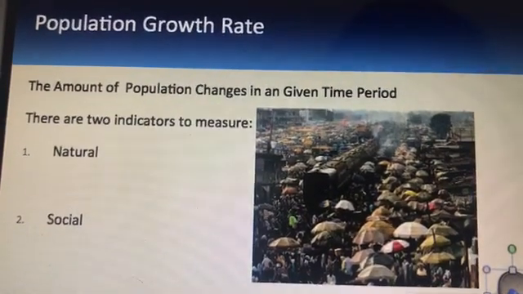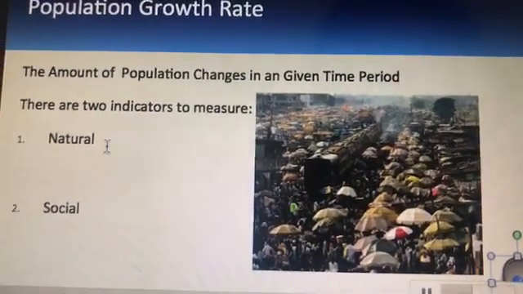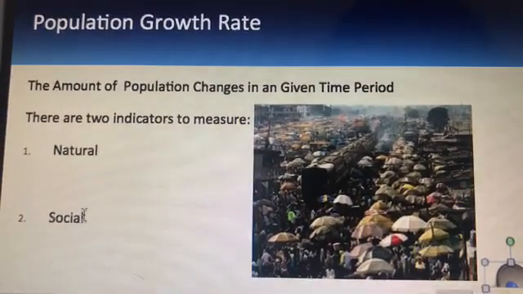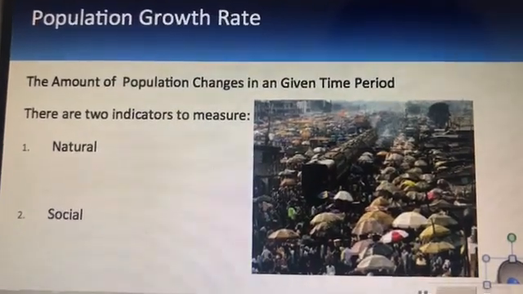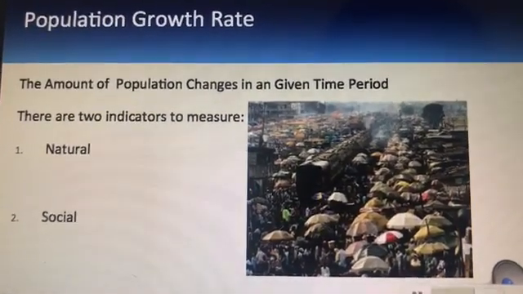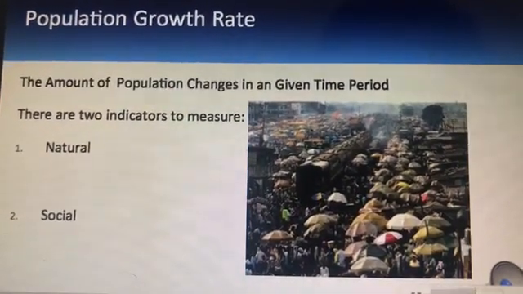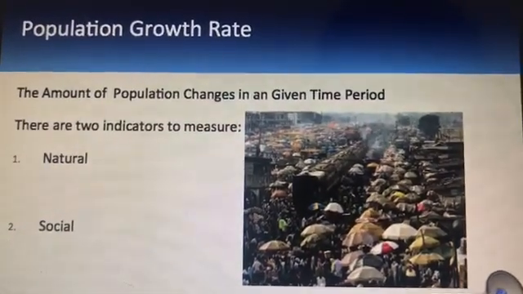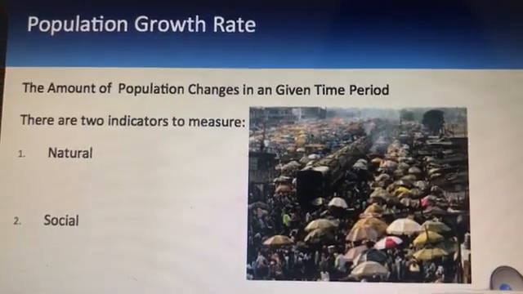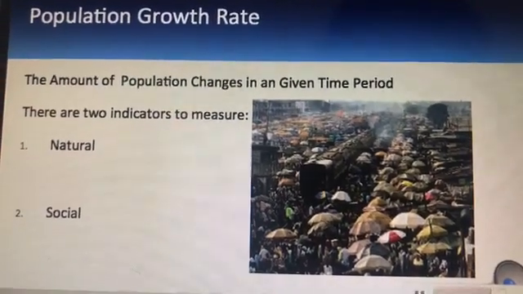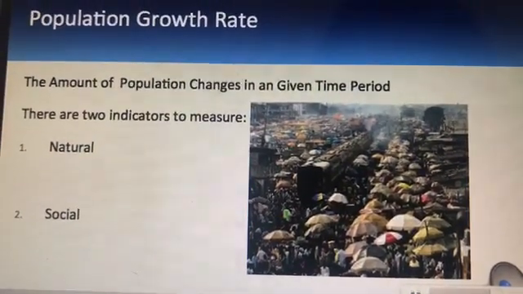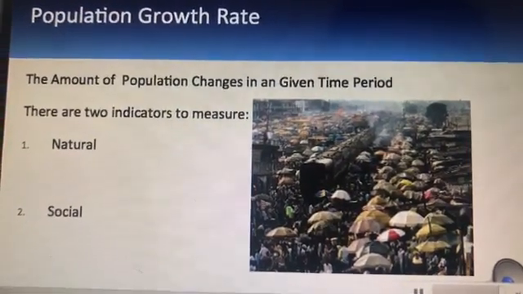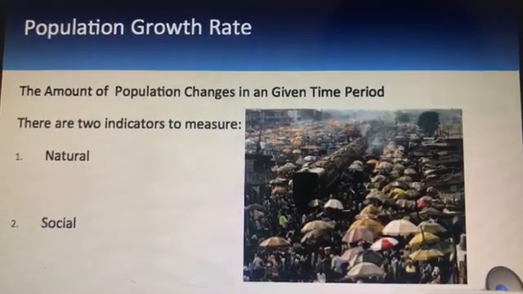The first one is called the natural, and the second one is the social way of counting. So it depends. This information could give us different numbers. I'm going to explain in the next slide the difference between one and the other. So when you hear population growth rate measurement, you first have to ask if it is natural counting or social counting.